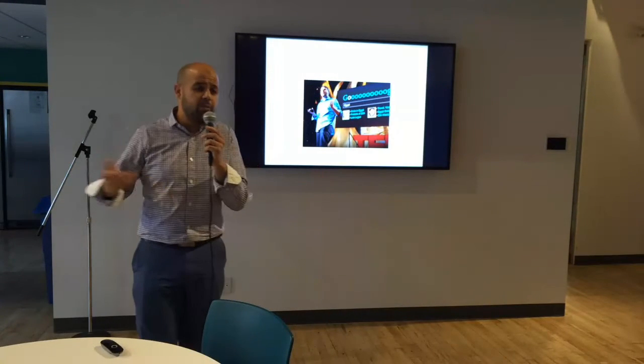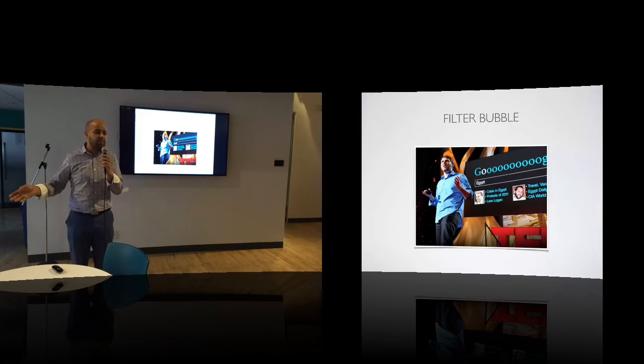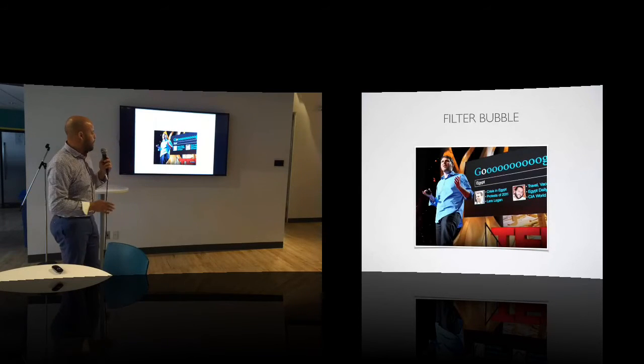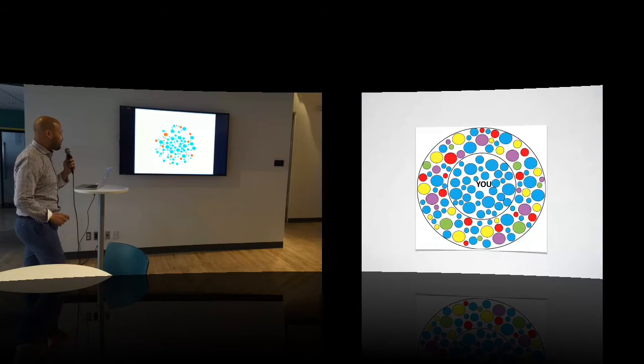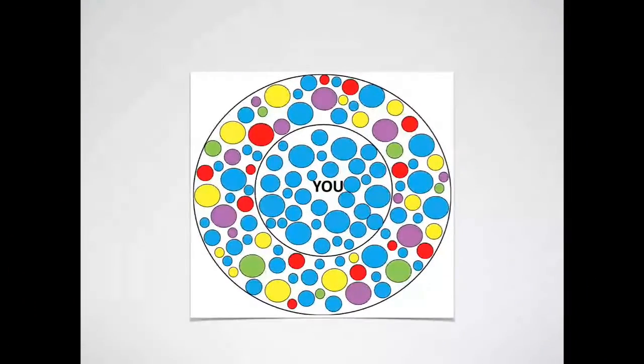The other person got the oil spillage that happened for British Petroleum. So it's two completely different experiences. And the danger is, once you are in your bubble, you have a tendency to only see things that are in the same point of view as you. You don't see other things outside of your bubble.